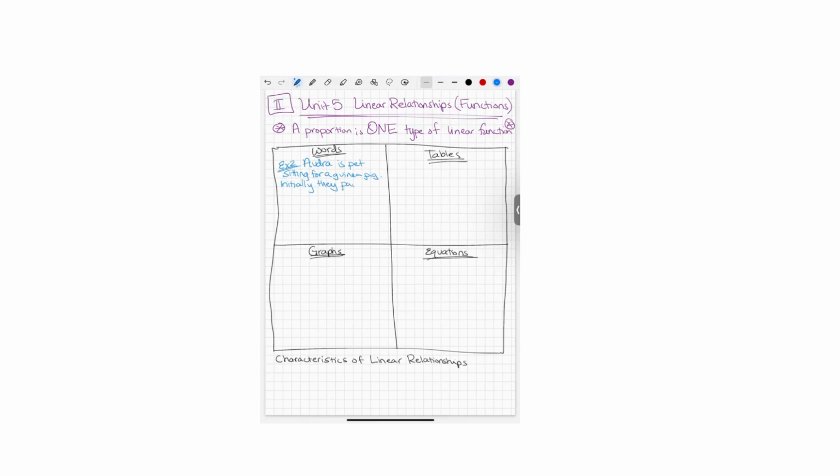So initially they pay her $7 plus $3 each day that she checks on her pet. So she's pet sitting for a guinea pig. They pay her $7 plus $3 a day.